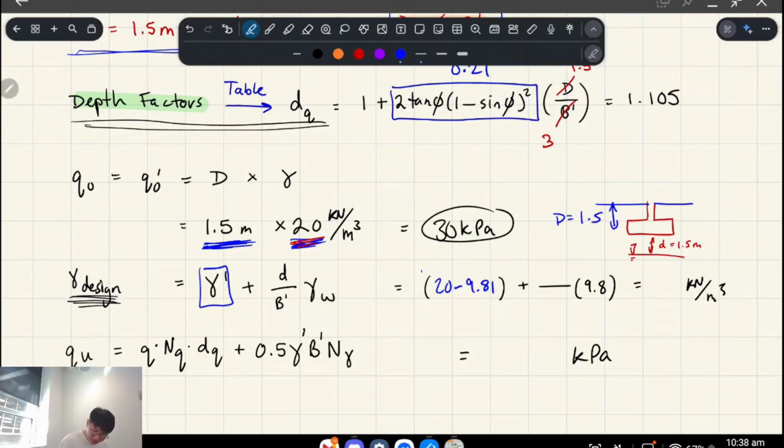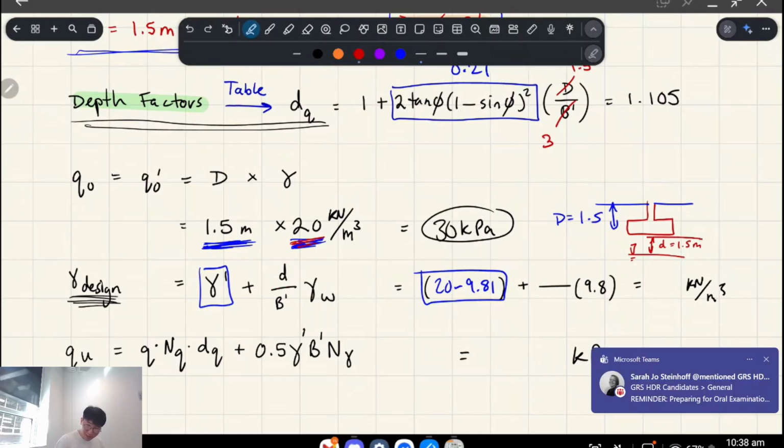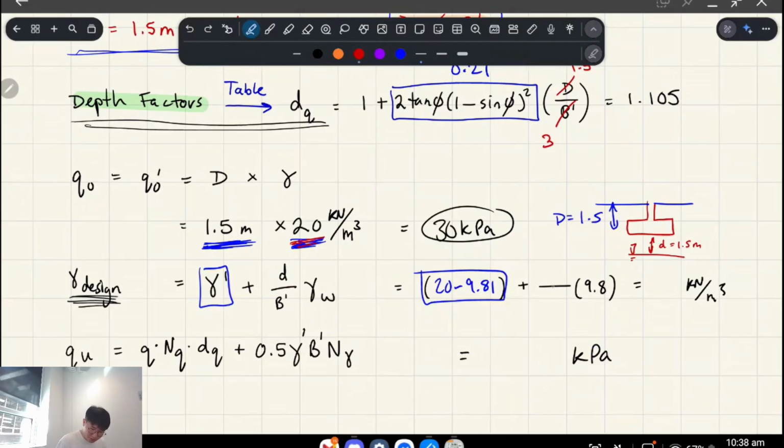Basically, this is this box here. And then for D, that's this depth here, so from the base of the footing to the top of the water table is 1.5 meters. And then the effective width we calculated before was 3. We're multiplying that by 9.8.